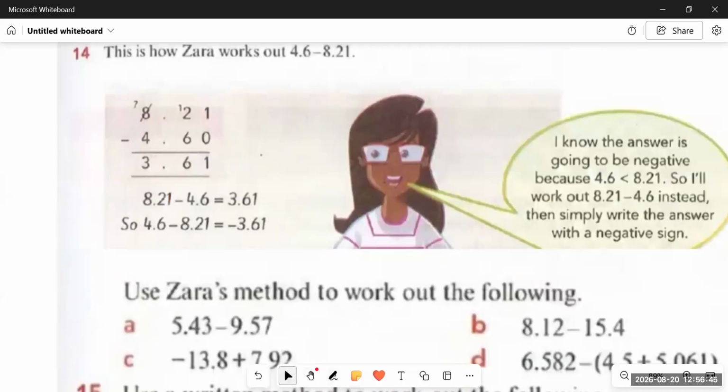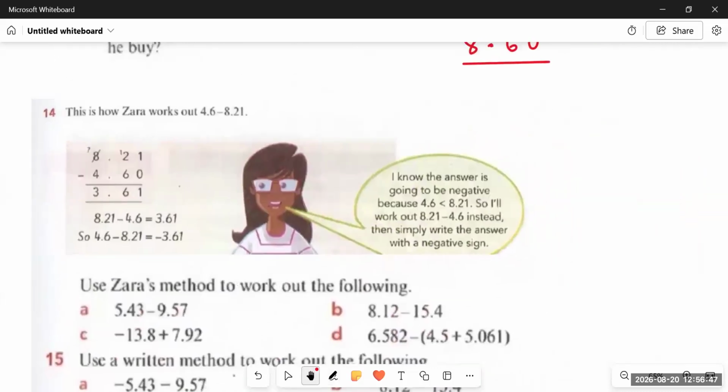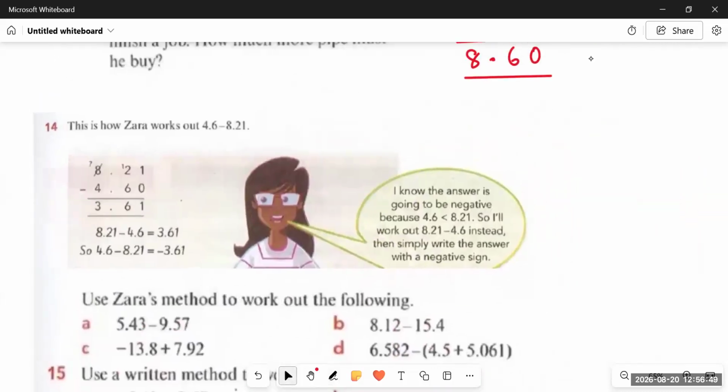Okay. Next we have question number 14. This is how Zara works. 4.6 minus 8.21. Using the conventional method, she says that 8.21 minus 4.6 is 3.61. So 4.6 minus 8.21 is minus 3.61. Correct. She's absolutely correct. The same way we subtract the whole numbers, she's subtracting the decimals.